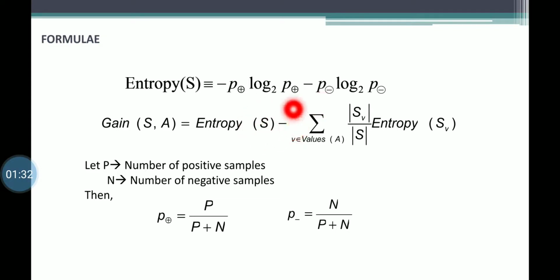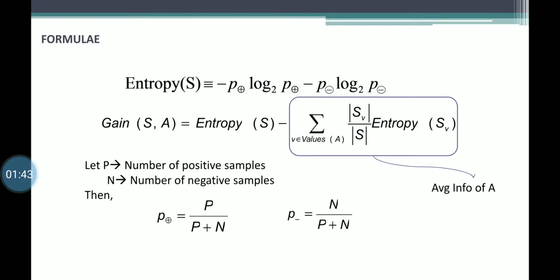Information gain is equal to the entropy of the sample that we have considered minus this term called average info. The average info of an attribute is the summation over the values of an attribute. For example, Outlook has sunny, rainy and cloudy as values.